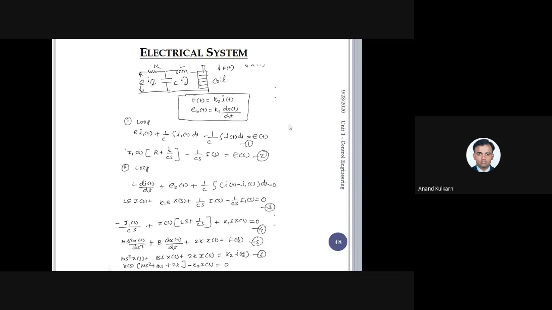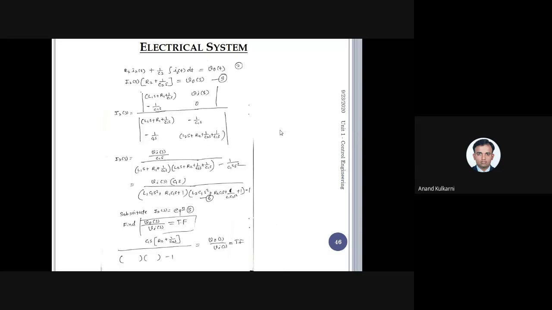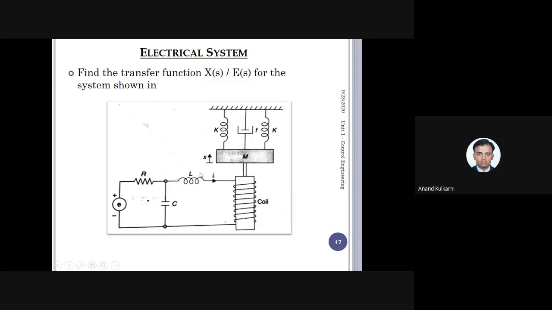This is what it means. So here you can see if I is the current flowing in this circuit, then the magnetic force is generated by this coil. When this magnetic force is generated by the coil, see it is not a perpetual motion machine. So to generate a force, it has to draw certain energy.